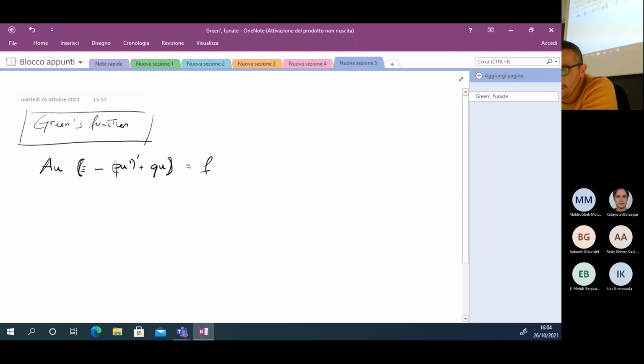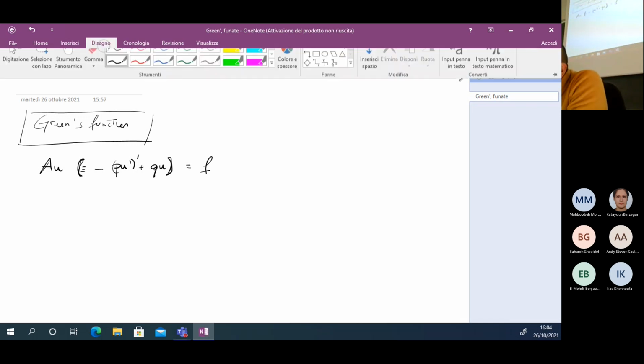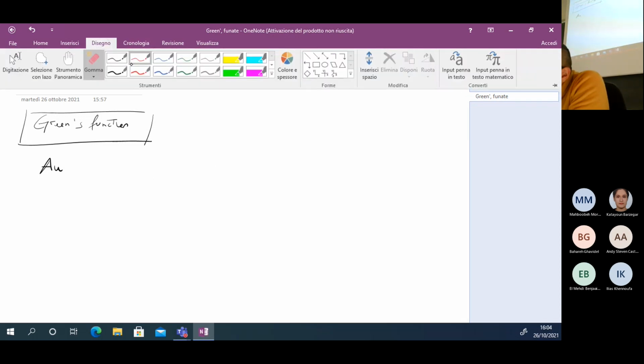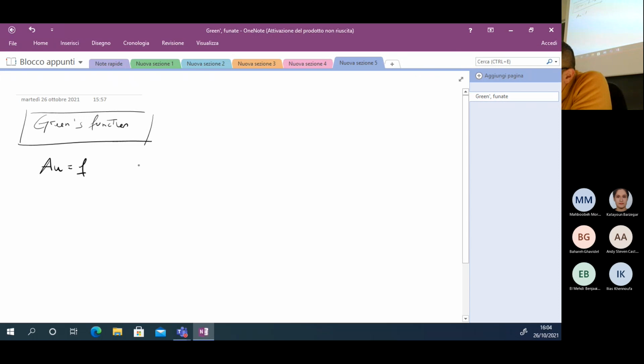Let's write it correctly. So Au = f, where Au(x) is equal to minus (p u') prime plus q u. q and p are nice functions, which are continuous, well defined in the interval [a,b], and so forth and so on.